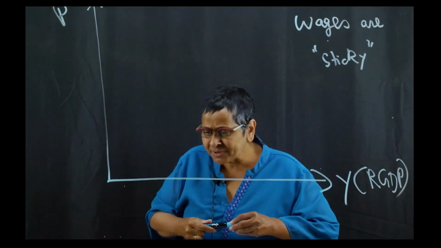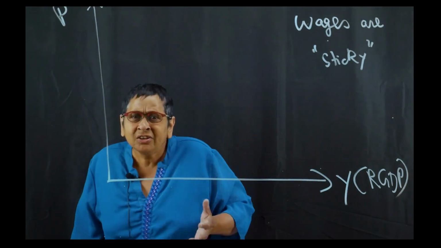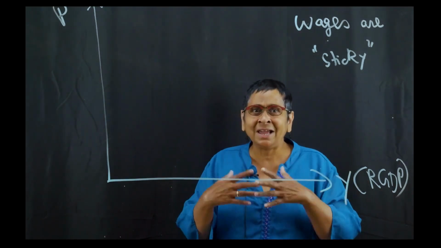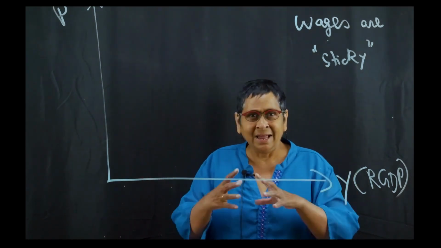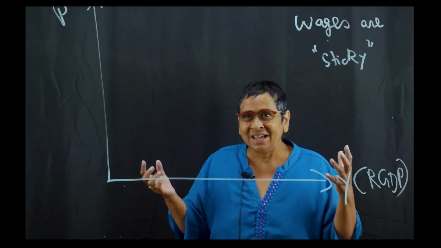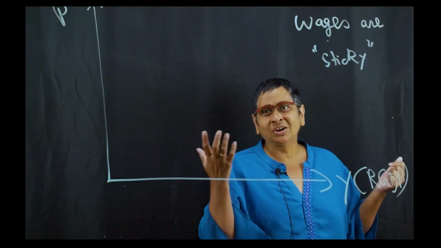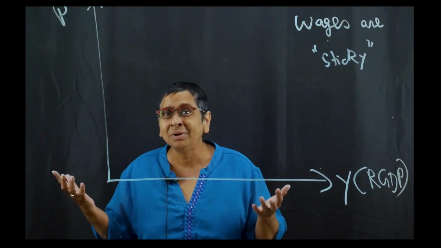So what happens is something like this. If prices start to rise, usually I hire people and I have wage contracts and agreements about minimum wages, agreements about how much I'll pay them, right?